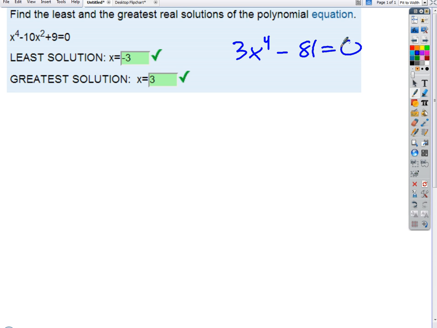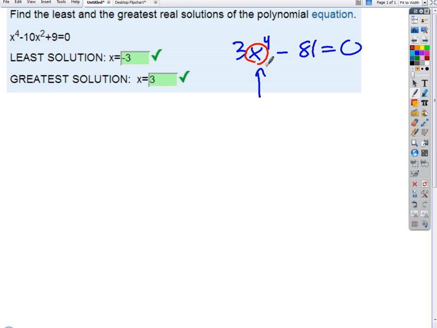Remember, just like we said before, if I can point to a single x, I can isolate it using chapter 7 tricks. What are the steps I would go through to isolate x here? Add 81, divide by 3, and then 4th root. Chapter 7 shows us that we can actually do a 4th root on that and get an answer.